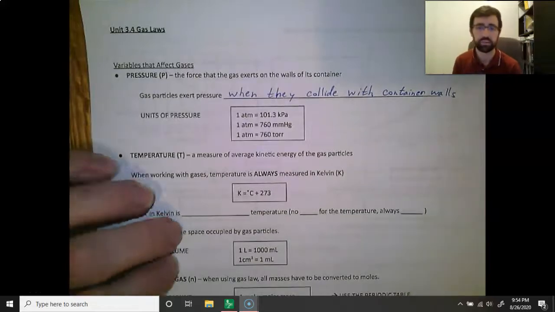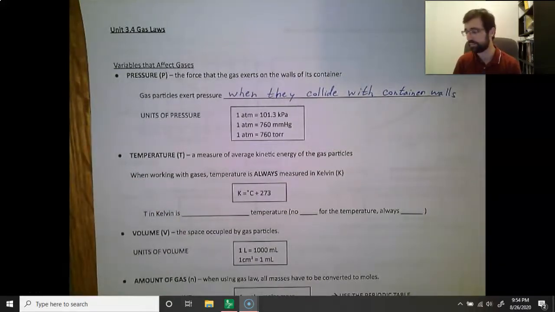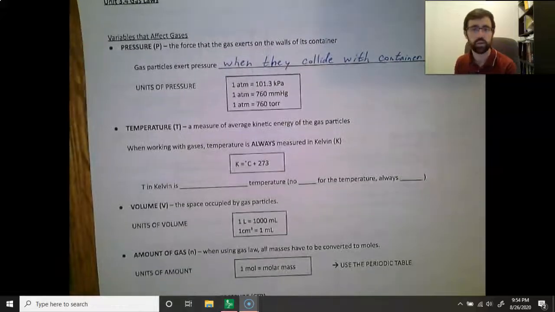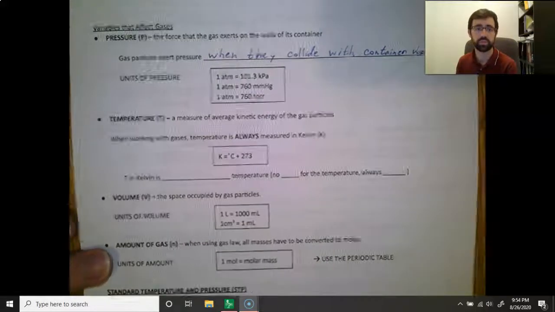Okay, so that container can be anything. It could be a cylinder, it could be a balloon, it could be a lot of different things. But when they collide with the container walls, pressure is built up.